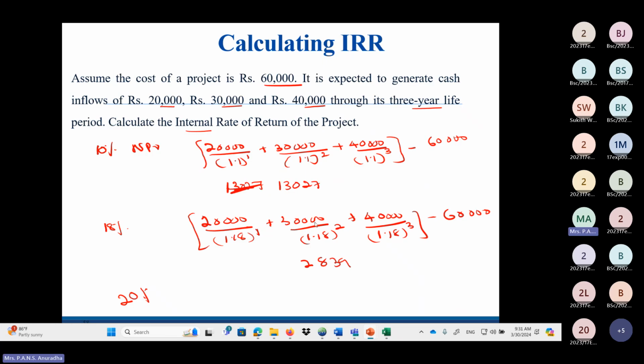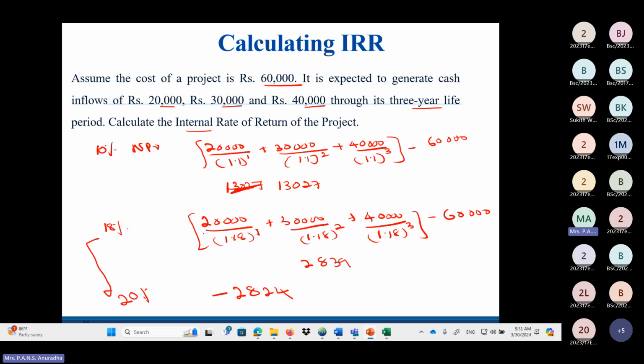At 20%, is it still positive? Negative. What is the number? Negative 2,824. Right. So now the negative NPV and positive NPV are in between this 18% and 20%.